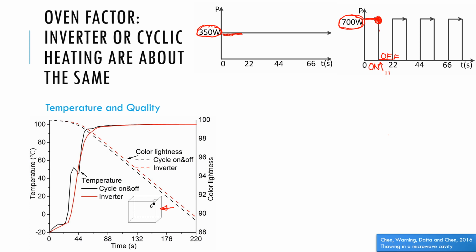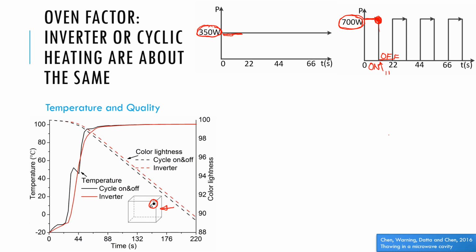So we choose this corner or close to the corner temperature where for sure temperatures will be higher and therefore quality degradation can be quite significant. So we purposely choose this one that is more sensitive.